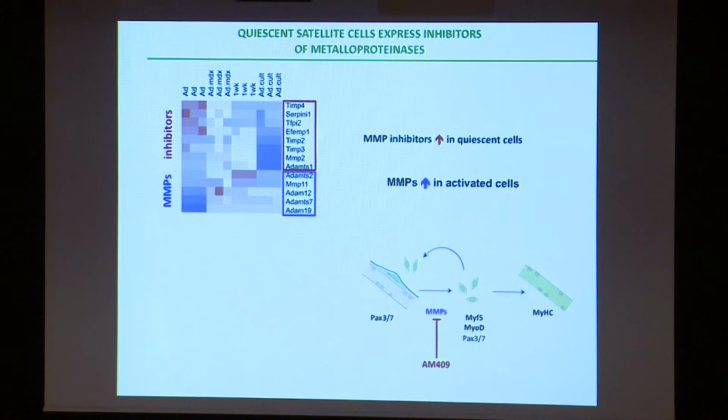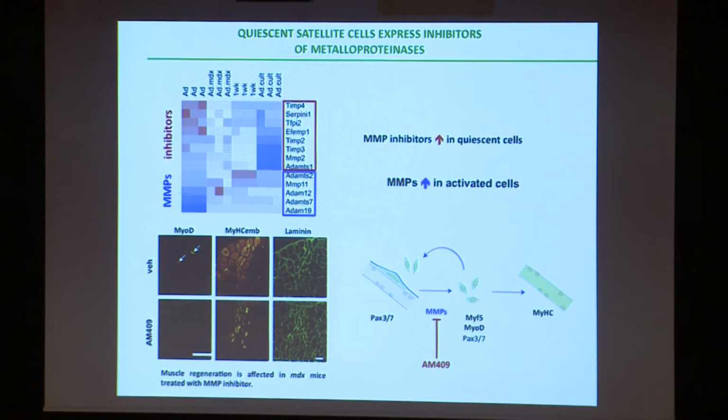One has to do with the matrix, say, or the metalloproteases and the inhibitors that the cells are expressing. And we found that the quiescent state, which is illustrated by the lines here, is characterized by the expression of a high level of inhibitors of metalloproteases, which is in red.